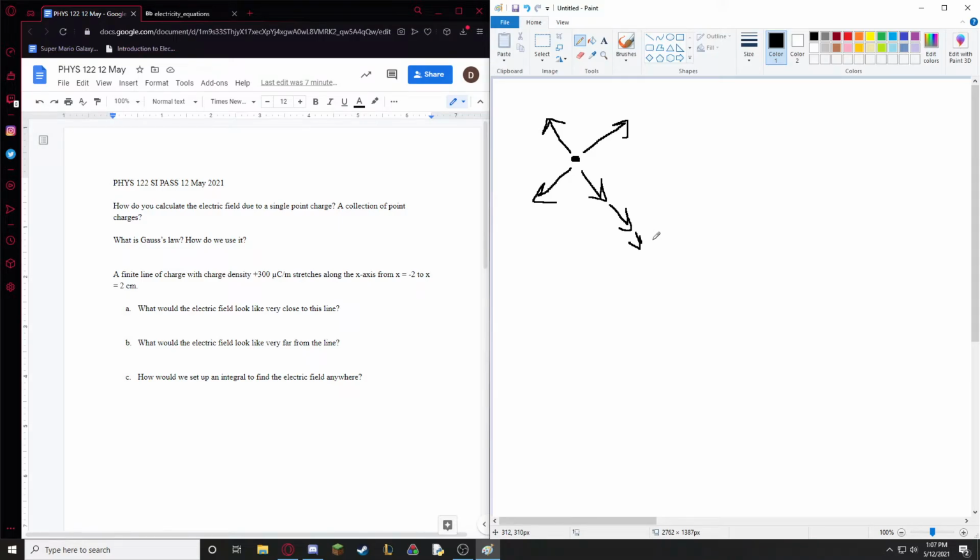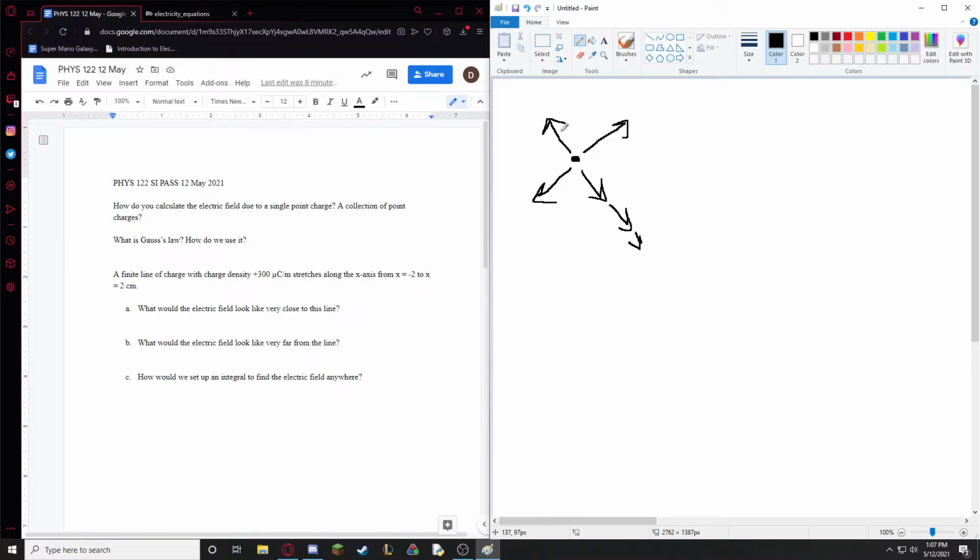As a function of what? If the distance away from it is r, how does the electric field decrease? Or first of all, what is the electric field itself? What is it mathematically?